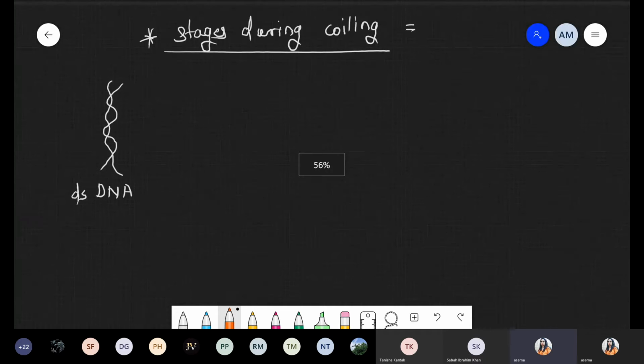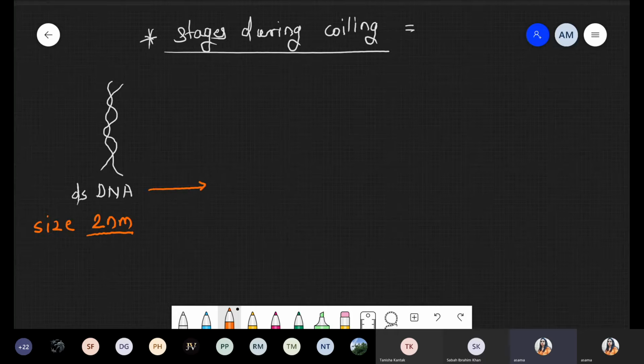We are talking about how that DNA is converted to a higher level of chromosome, and what the changes are. So first we are talking about double-stranded DNA and its size, which is 2 nanometer.